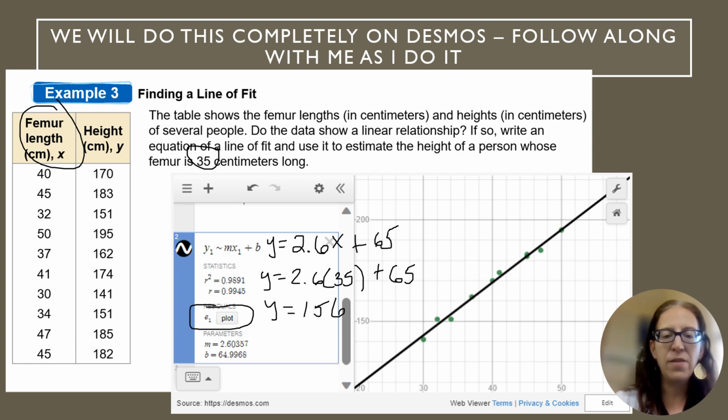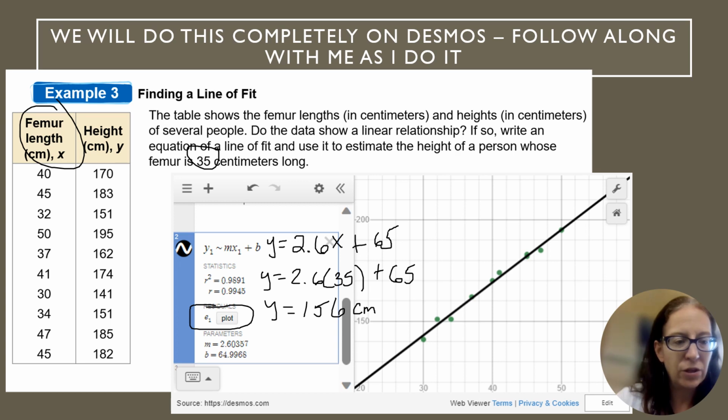Now, this kind of thing does come in handy if you've been to a doctor, especially with little kids. There's a certain amount of growth or height that is expected for a male or female of a particular age, and it has to do with basically how close to that line you are.